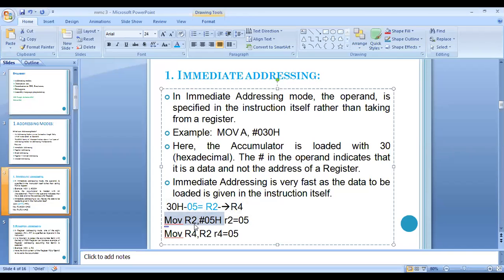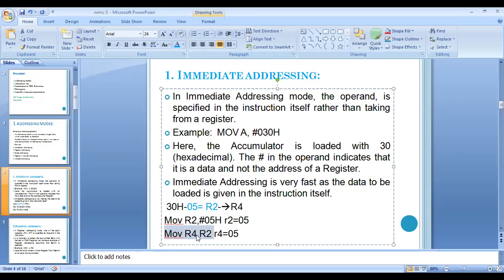But in the register mode, I cannot mention the same value. First of all, I have to store that value into one of the registers, for example, R2 register, and in the register addressing mode, I have to mention the name of that register where my data is stored. Now my data is 05, it is in the R2.